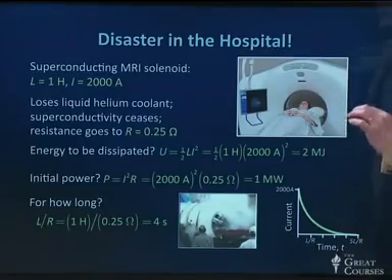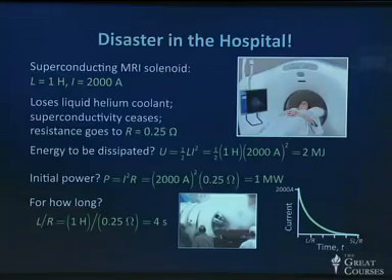You may have heard of the disaster that occurred when the Large Hadron Collider, the big particle accelerator on the Swiss-French border, was first turned on, and there was a bad connection, and there was this kind of process, a quench. They lost superconductivity, and they lost a lot of liquid helium, and it was a big disaster that shut the thing down for a couple of years. So that is a problem that can happen.